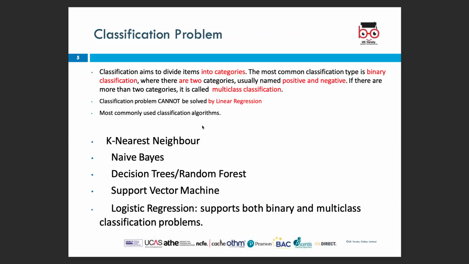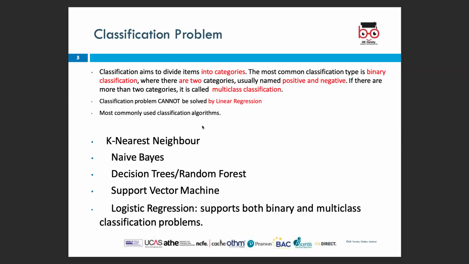So classification problem. Classification aims to divide items into 2 categories. The most common classification type is binary classification, where there are 2 categories, usually named positive and negative. So positive and negative, which is 0 or 1, true or false. If there are more than 2 categories, it is called multi-class classification.